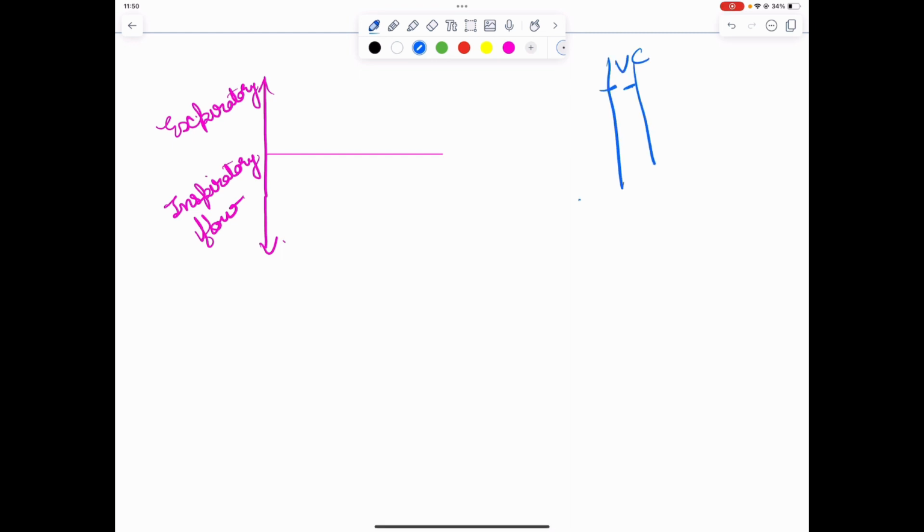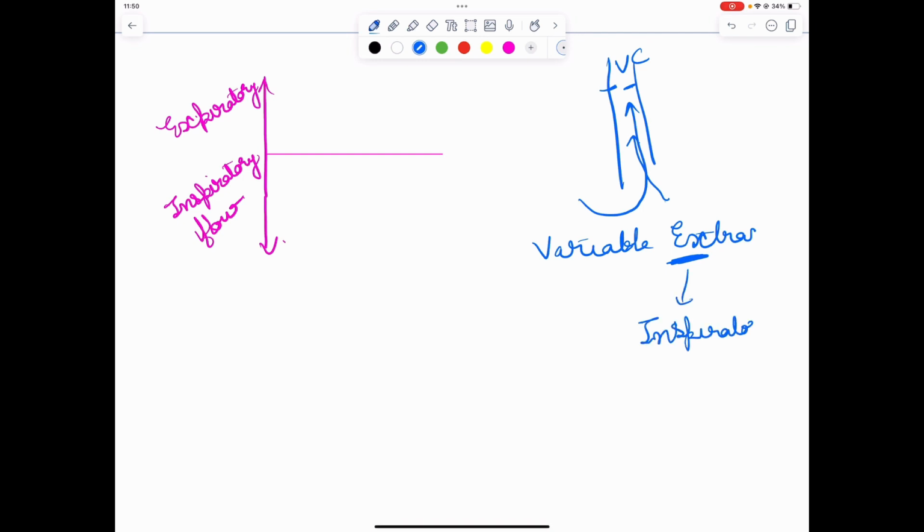In recurrent laryngeal palsy and ultimately vocal cord palsy, the vocal cord will not allow the gas to pass, so air will not be able to move in. Here this is a cross mnemonic. When we have variable extrathoracic obstruction, the inspiratory limb would flatten out. Just remember that.